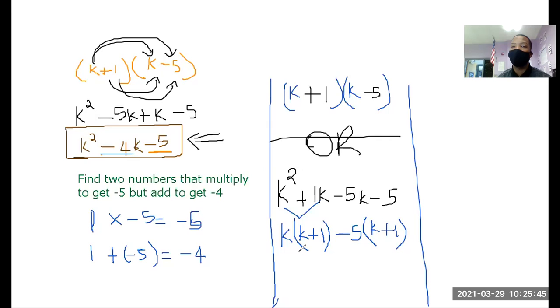Do we realize that these two parts are the same? So then what I do, I take the outside coefficient numbers variable, which is k minus 5, and then I just put back, since these two are the same, I just have to write one of them.